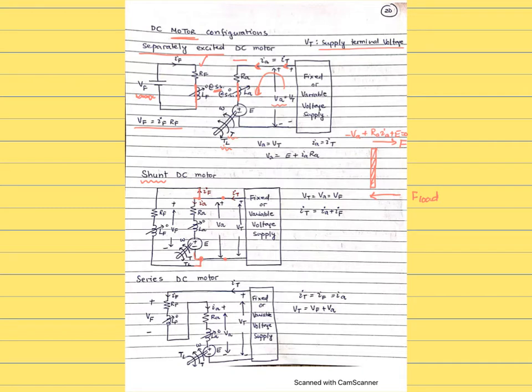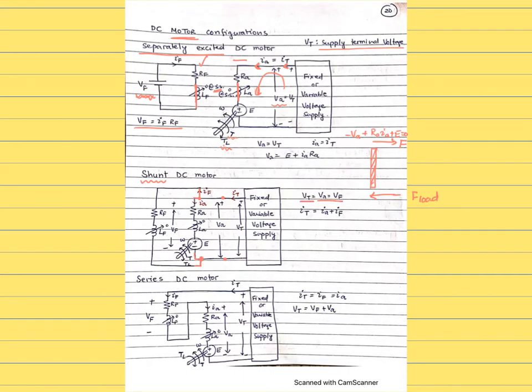And you know, across the parallel connected points is the same voltage. So that's why you're going to have VA equals VF, and that equals the supply terminal voltage.